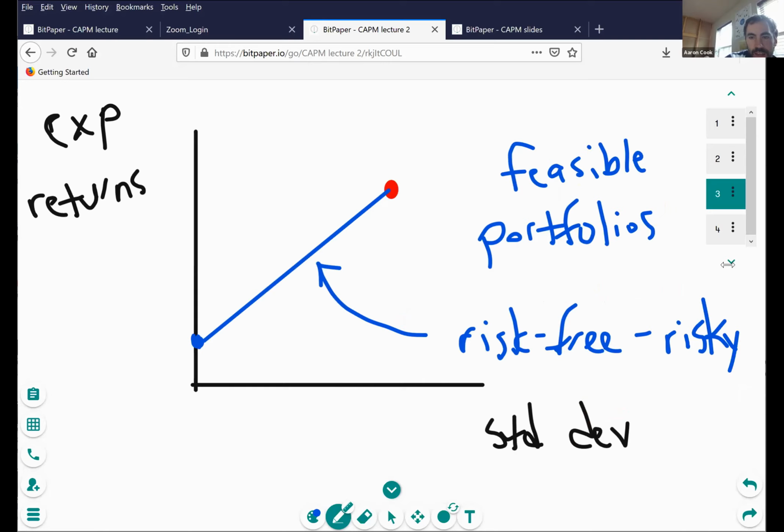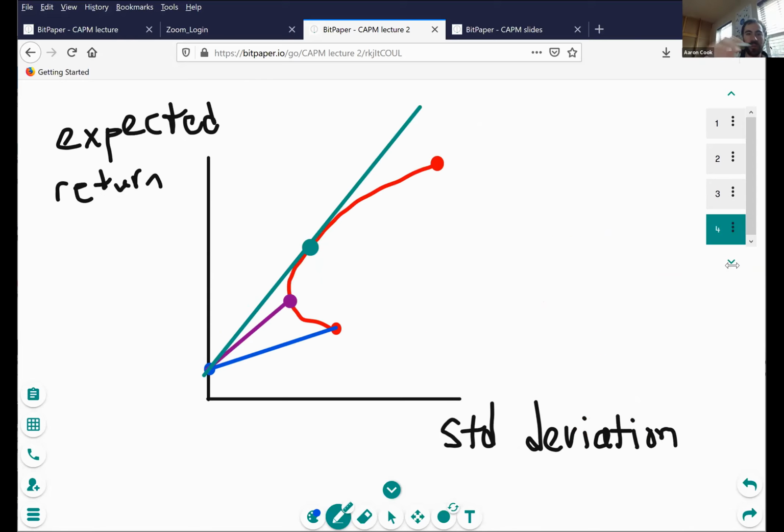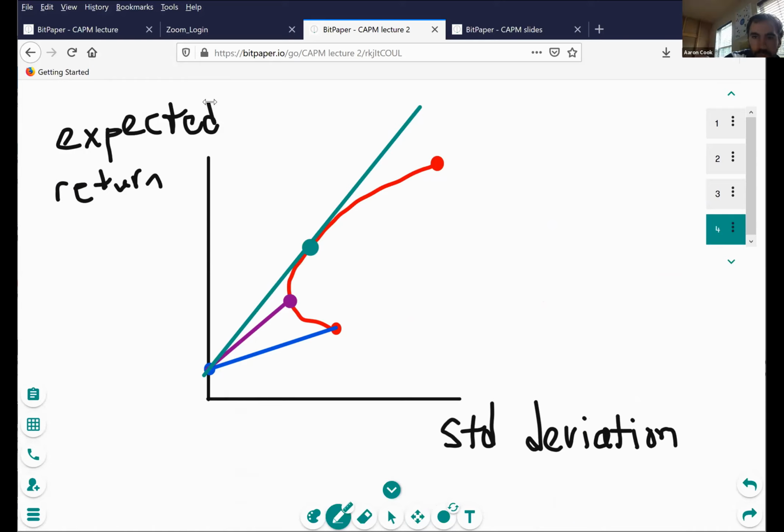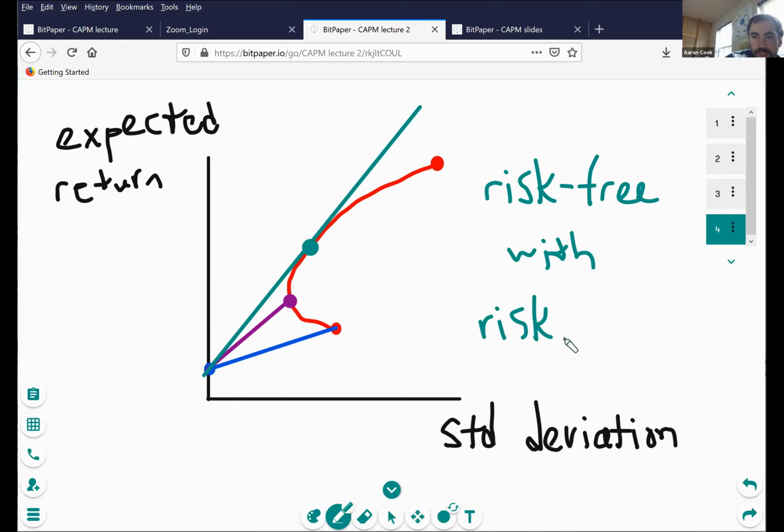This blue line is a combination of a risk-free asset and a risky asset. And then eventually we can combine those together, where we combine the risk-free rate with risky.